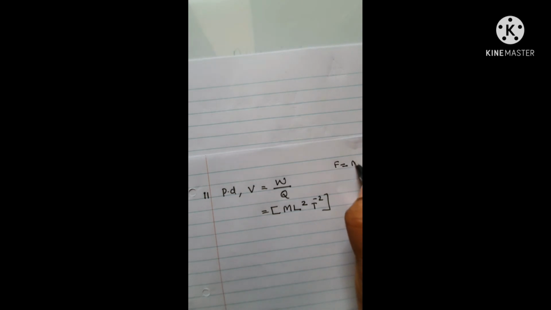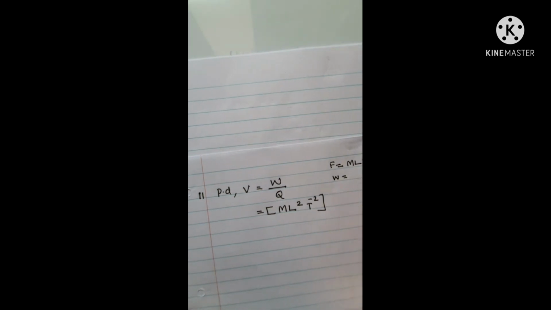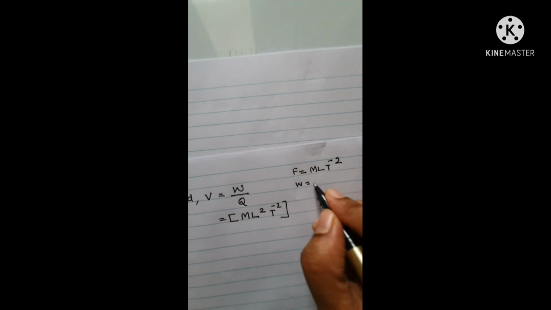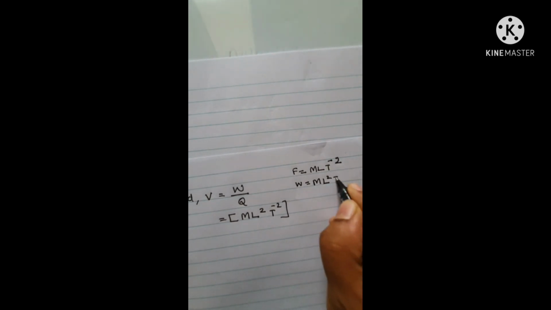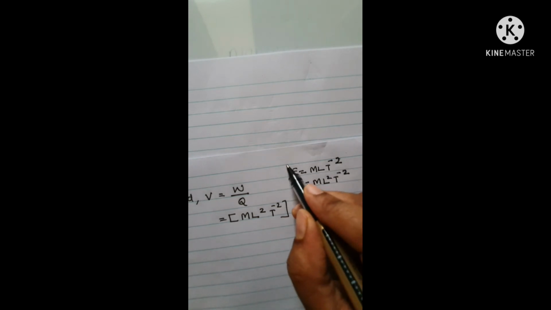Force is equal to MLT⁻². Work is equal to what? Work will be equal to ML²T⁻². Okay, so force is MLT⁻², work is ML²T⁻².